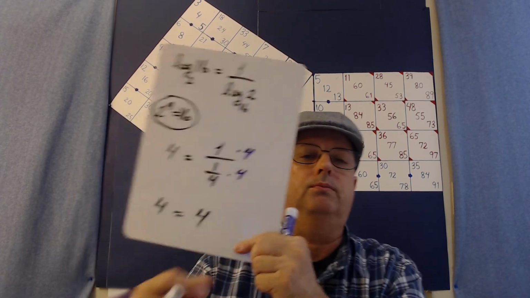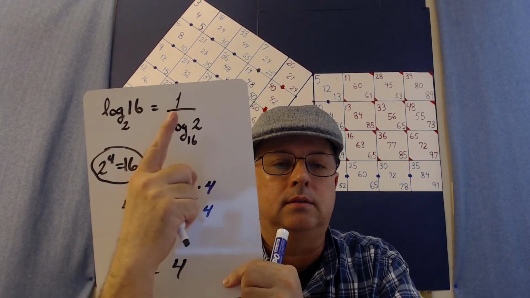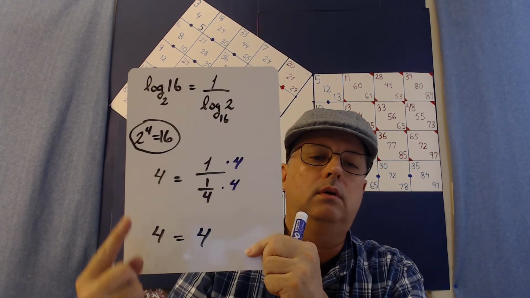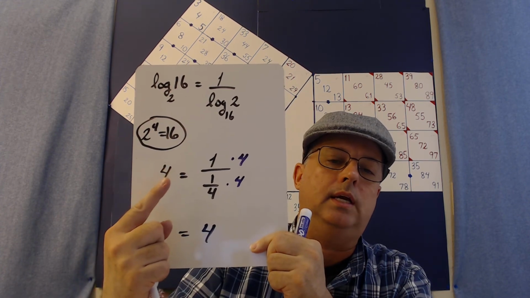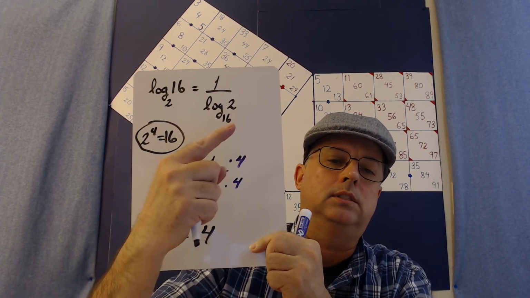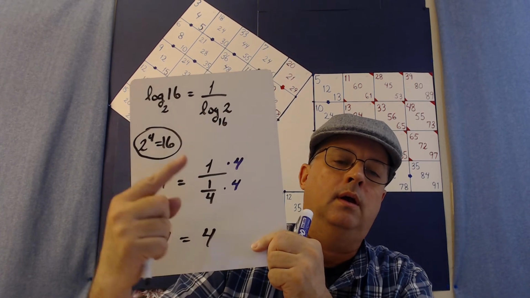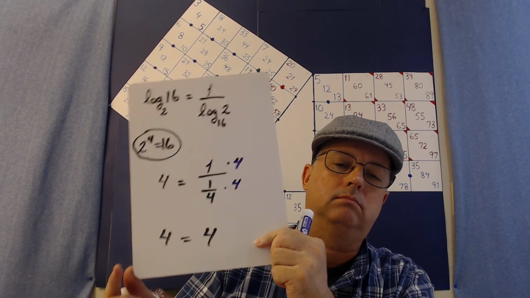Okay, so it's true that the log base 2 of 16 is the same as the log base 16 of 2, because 2 to the 4th is 16, and 16 to the 1/4 power is 2, and then when we clean this up, it works.